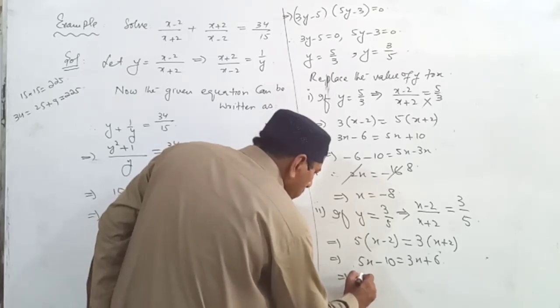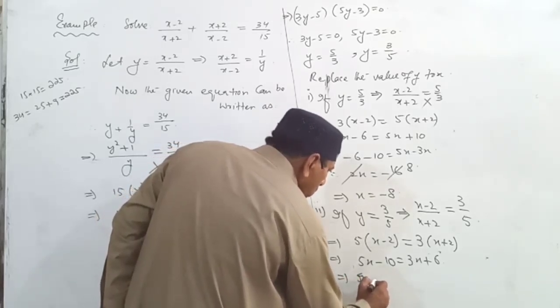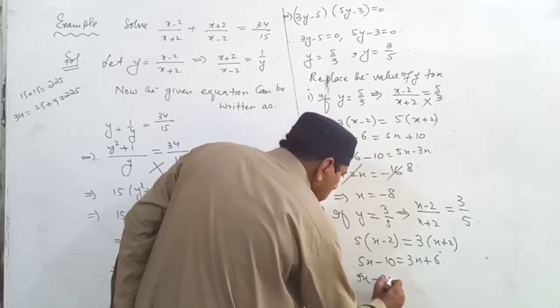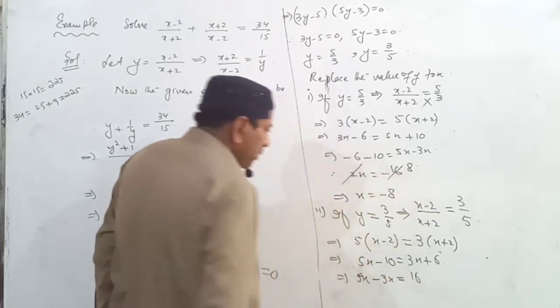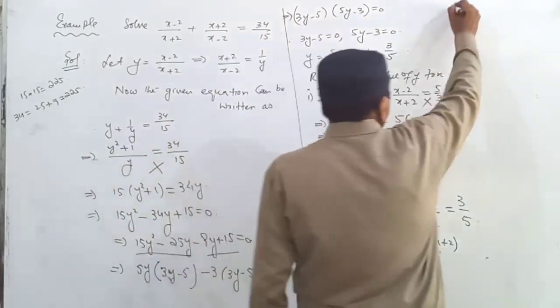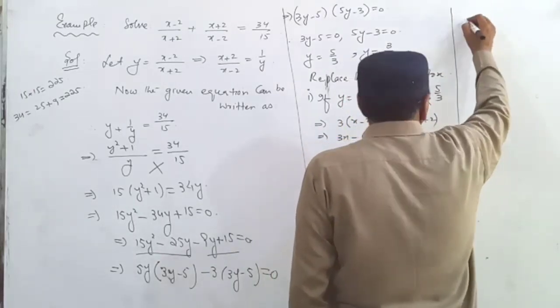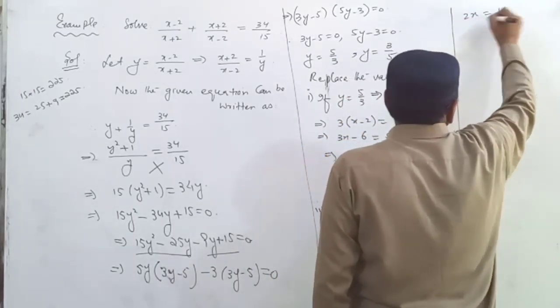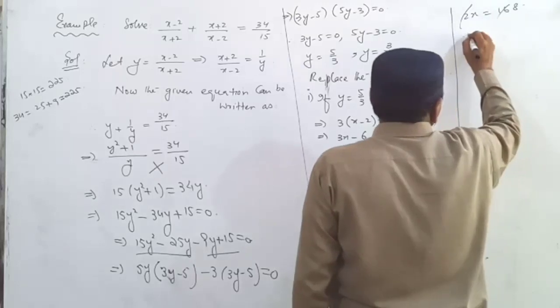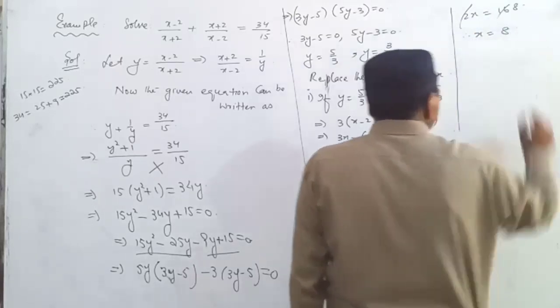Similarly 5x minus 3x is equal to 16. 2x is equal to 16. Therefore, the value of x is equal to 8.